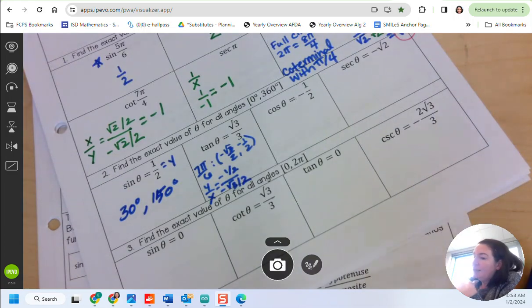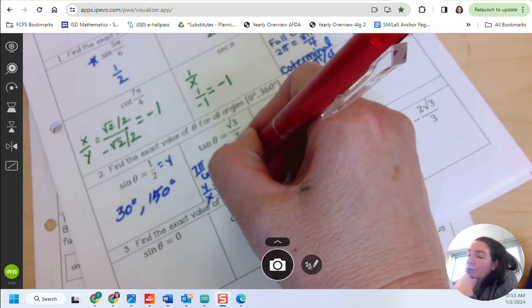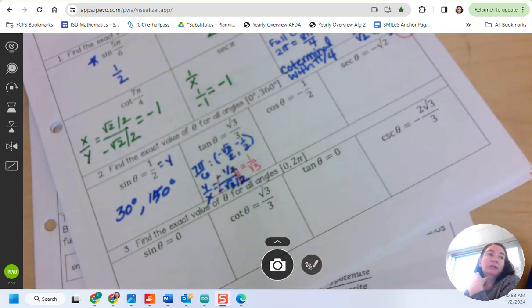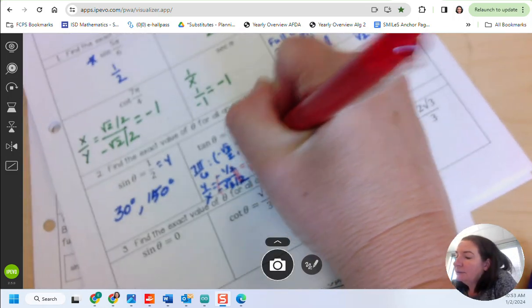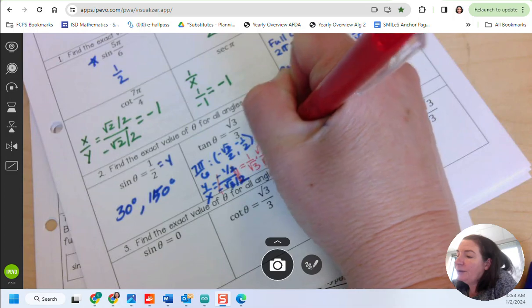The negatives cancel, the 2's cancel, and I get 1 over root 3. Does 1 over root 3 simplify to root 3 over 3? Well, you have to rationalize it, right? Times root 3 times root 3. It does. Root 3 over 3.